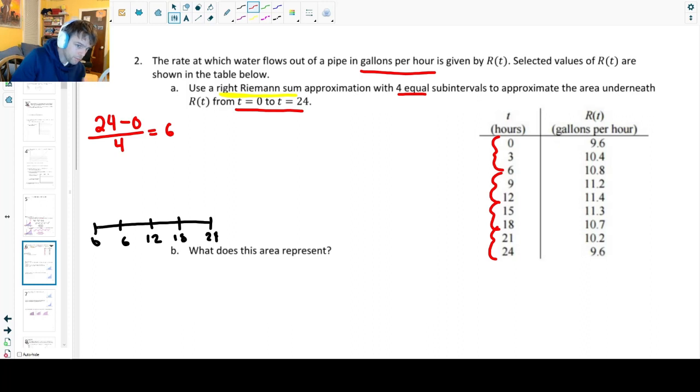So our interval from 0 to 6, the height of that rectangle is going to be calculated by the value on the right side, so the output at 6. And then for this one, it's going to be calculated by the output here at 12, and then the output at 18, right? And then the output at 24. So these are going to be how we calculate the height of our rectangles. Again, I have no idea if these rectangles are all accurate. I'm just sketching out random stuff.